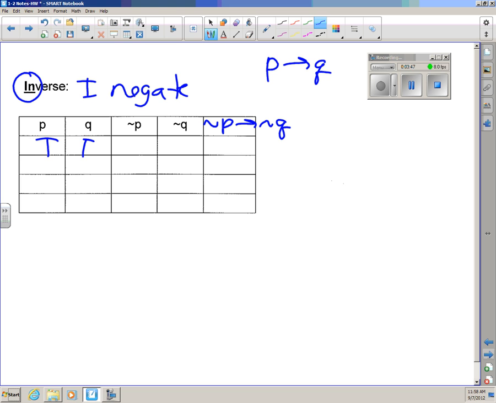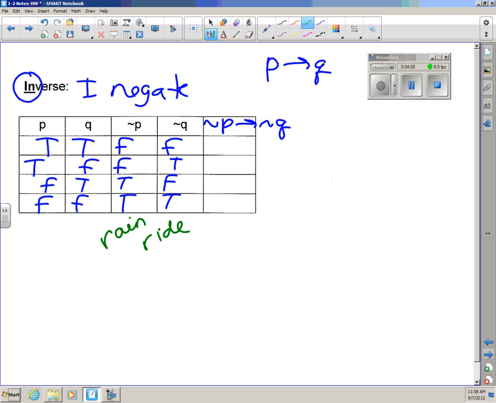So fill in your truth table in the beginning. And then not P's are F, F, T, T, F, T, F, T. So now the inverse is going to have not P as my hypothesis and not Q as my conclusion.